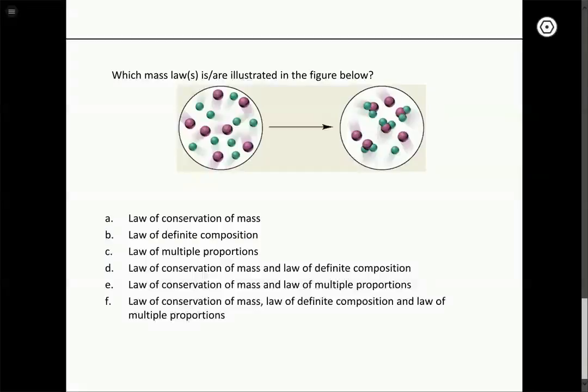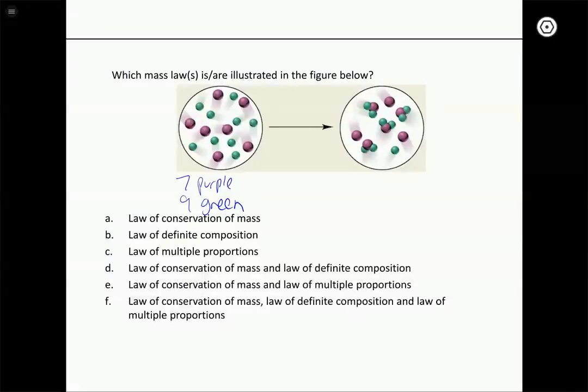So if we look at this starting point here where everything's an individual atom, we count the different ones. If I can count correctly, we have 7 purple, and we have 9 green. Sure hope I counted those right. So that's what we're starting with, 7 purple atoms, 9 green atoms, whatever those represent.